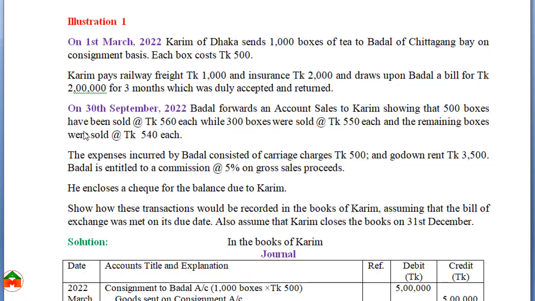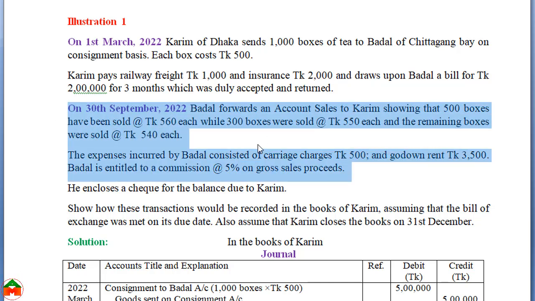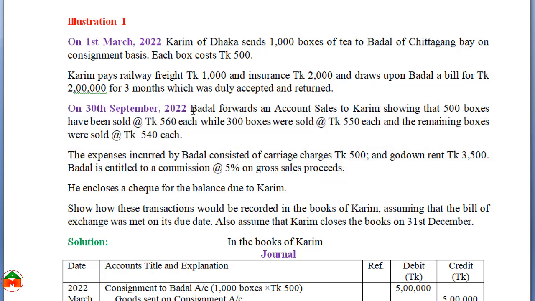And now we are going to prepare the journal entries for this information. We can see Mr. Badal, who is the consignee, forwarded an account sales mentioning the sales proceeds, as well as the expenses incurred by him and the commission receivable by him.